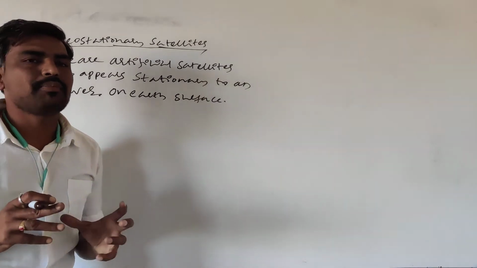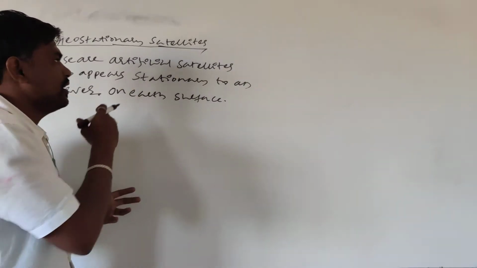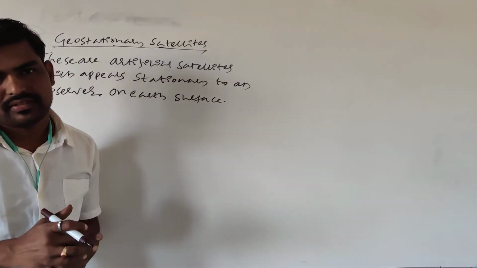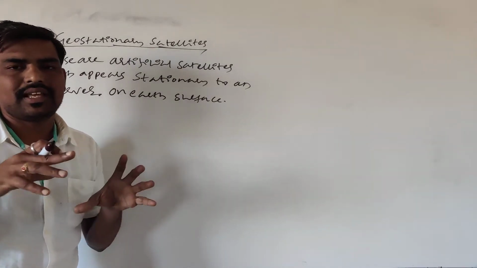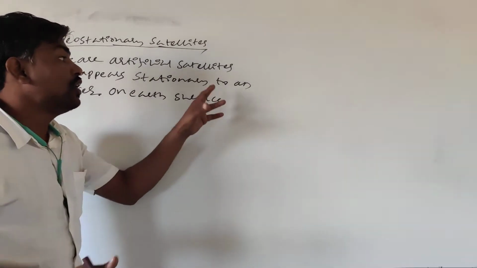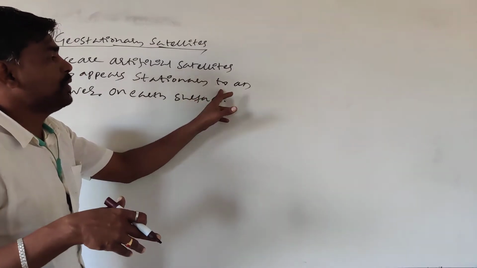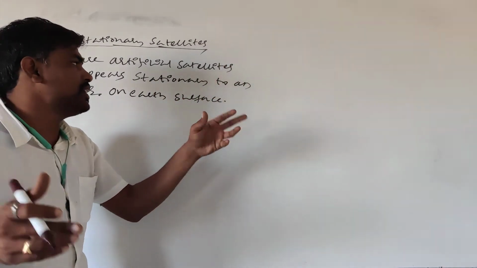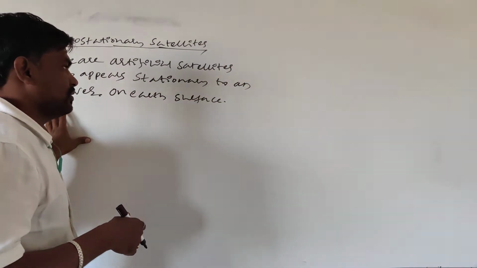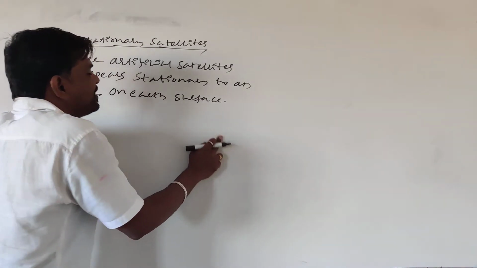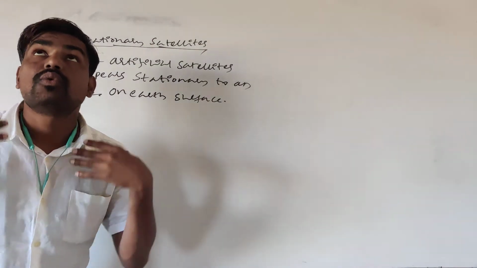Here, appearing stationary means they are at rest, to an observer on the surface of the Earth. Geo means Earth, and stationary means rest.